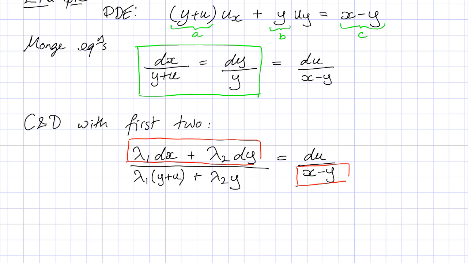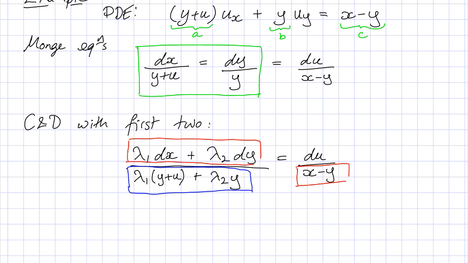So if we were to choose lambda 1 equals 1 and lambda 2 equals minus 1, then we'd have dx minus dy on the left hand side, and that's of course the differential of x minus y. So that would match up left and right hand sides, which is what we're trying to do here to simplify things. I could also look down the bottom, at this denominator here, and think, okay, how can I simplify this?